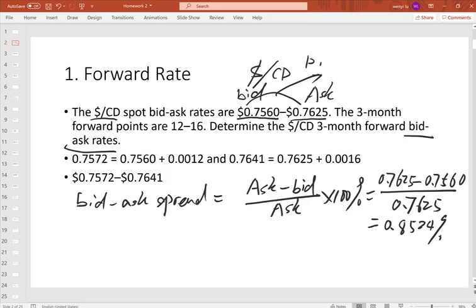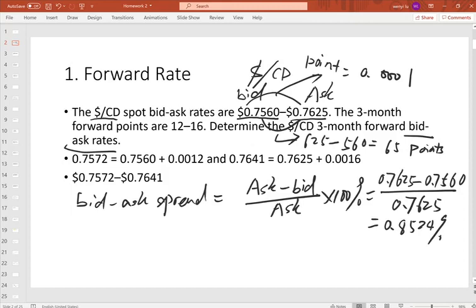The 1 point equal to 0.0001. So you can say our difference for the bid and ask is equal to 625 minus 560, equal to 65 points. That's the difference between the bid and ask price.